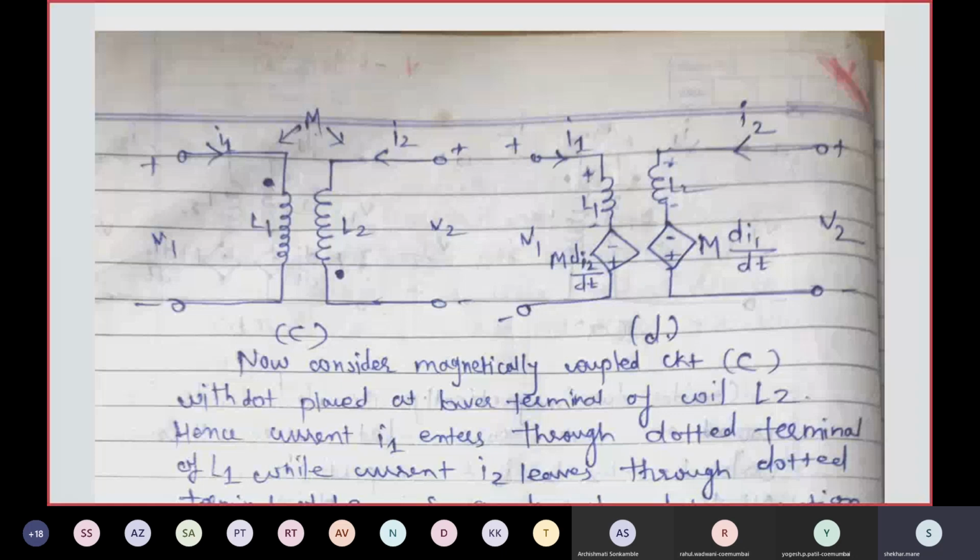So here for coil 1 we can say current is entering, and for coil 2 we can say current is leaving the dot. So here both the directions are opposite. That's why mutually induced EMF has the polarity opposite to that of self-induced EMF.